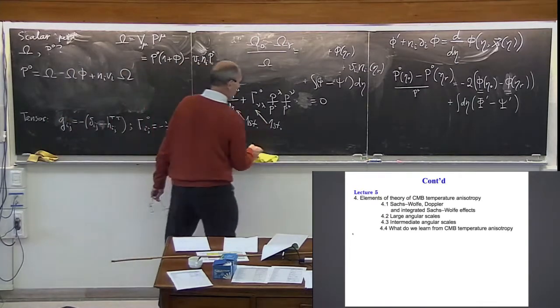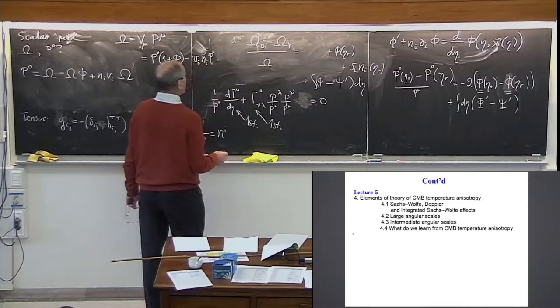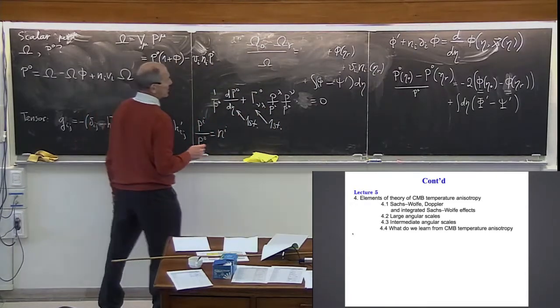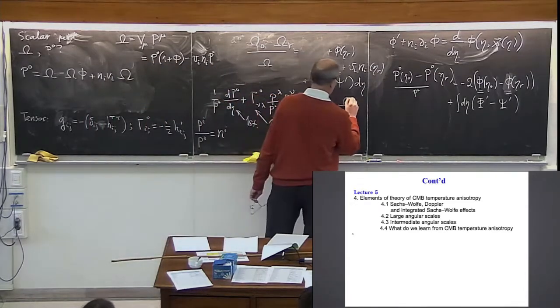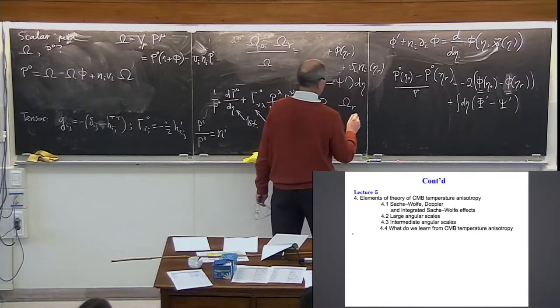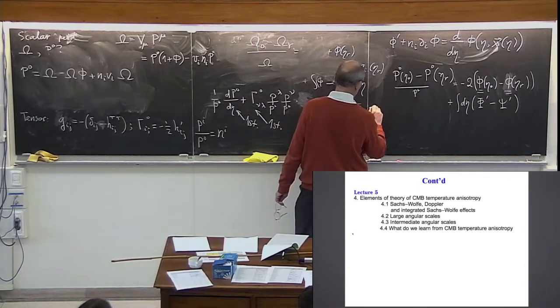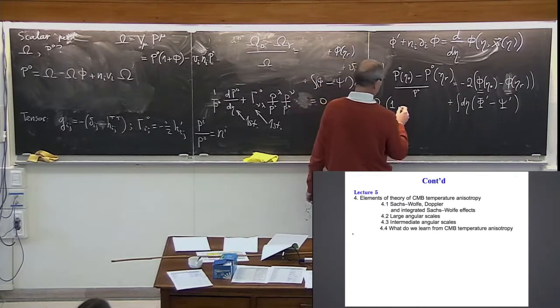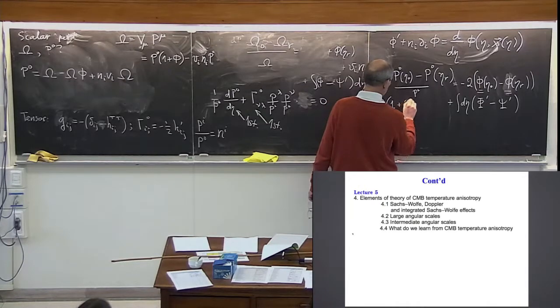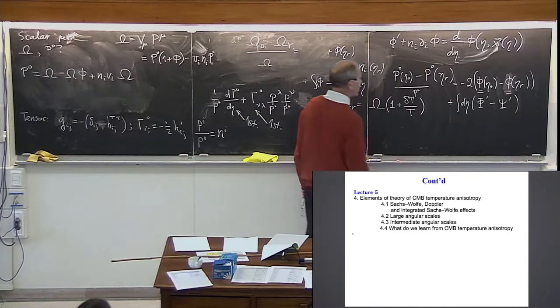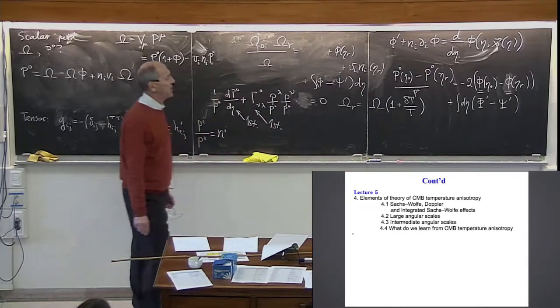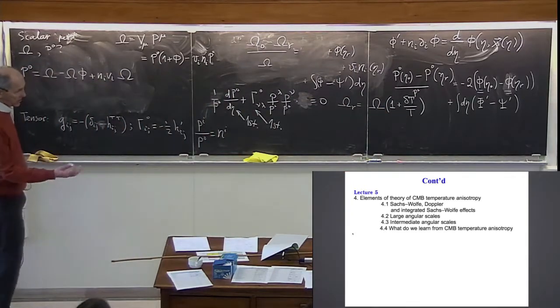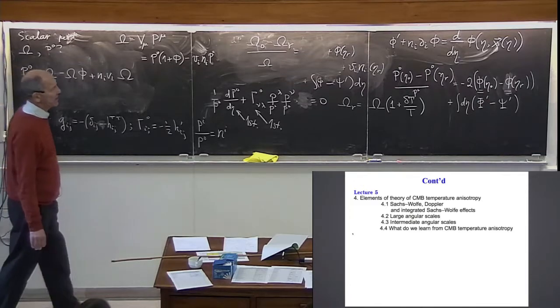Finally, I recall that the frequency at recombination, omega r, is the frequency of a photon, the average, unperturbed frequency, but there is also the contribution due to the fact that my temperature in my locally Lorentz frame is different, because I have perturbations in energy density.